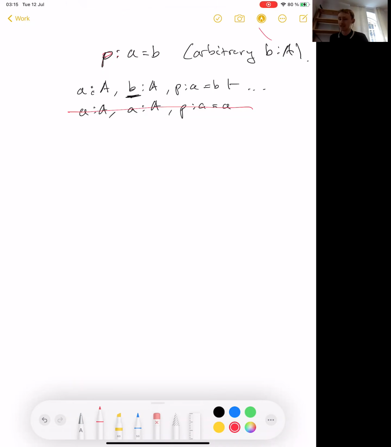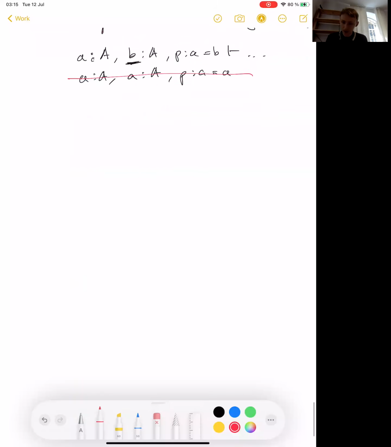But at least in this case, you have to allow for the second point to be arbitrary. Yeah, so Matthias is right. So if we want, we really need something of this form, right?